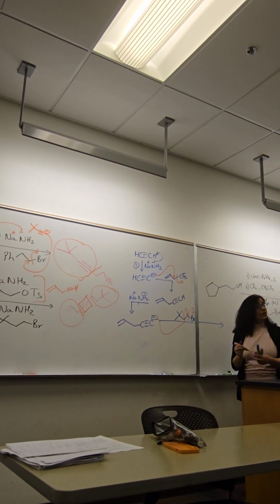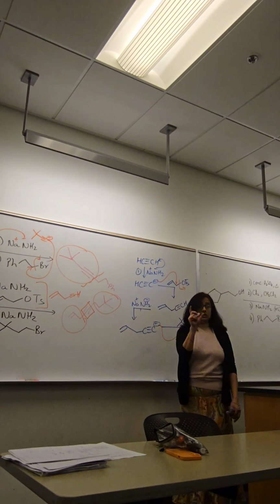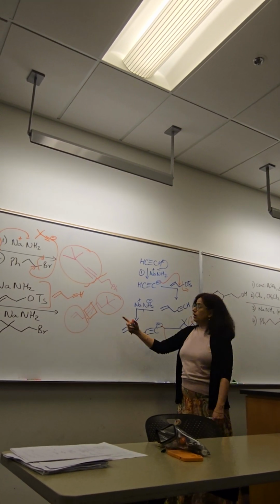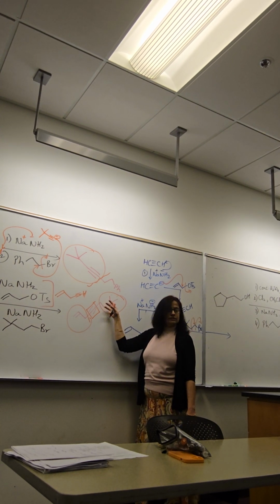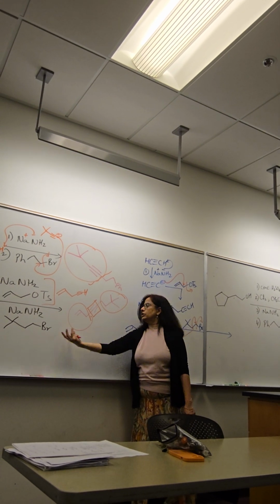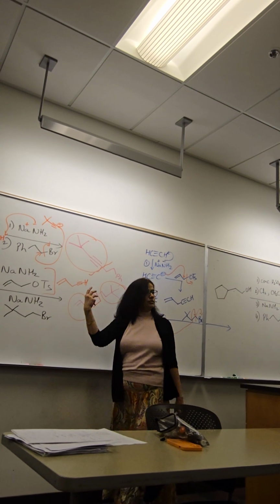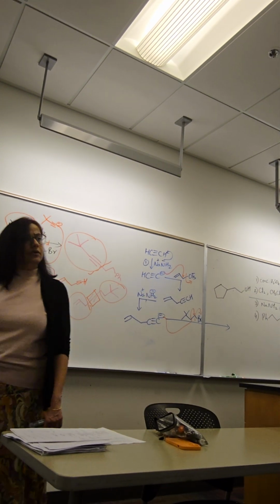That's the product. So the point is, very sequentially and very strategically, remove a proton, put an electrophile through SN2. Remove the other proton, put the other electrophile through SN2. That's what we're doing.